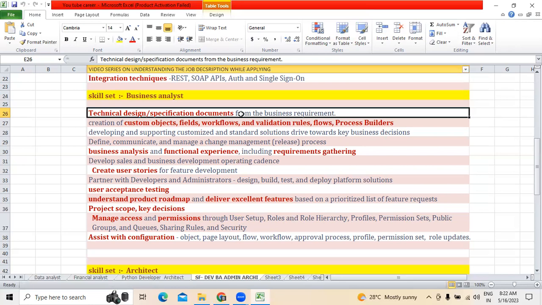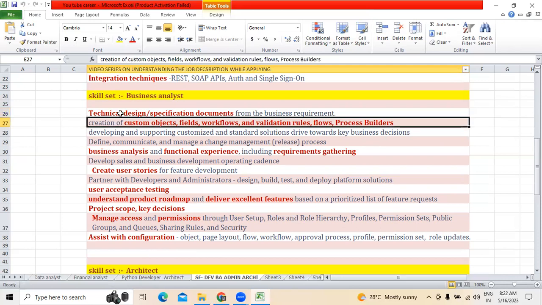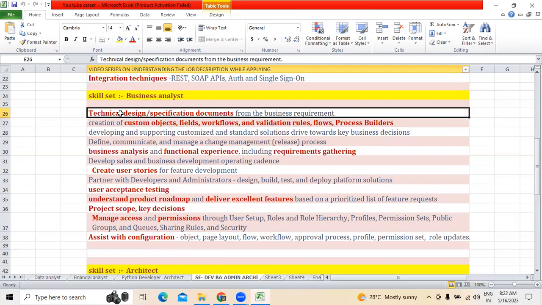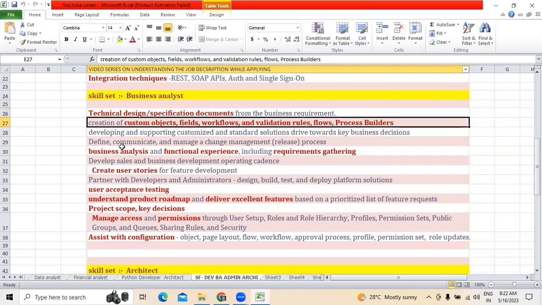Coming back to the point, these are the skill sets for a BA you need to be good with, right? Knowing about technical design specification document preparation is required. At the same time, you need experience in creating custom objects, fields, workflows, validation rules, and process flow builders.